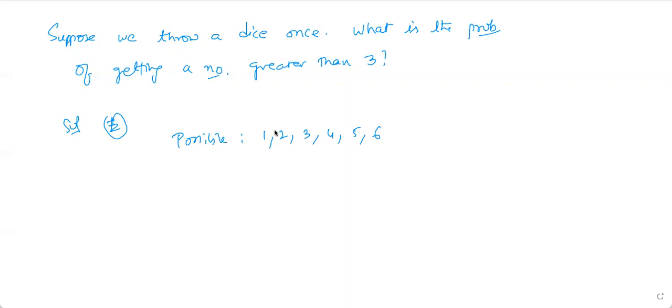Favorable outcomes, greater than 3, are 4, 5, 6. So the probability of the event, P of E, will be the number of favorable outcomes, that is 3, over the number of total possible outcomes, that is 6. So that is 1 by 2.